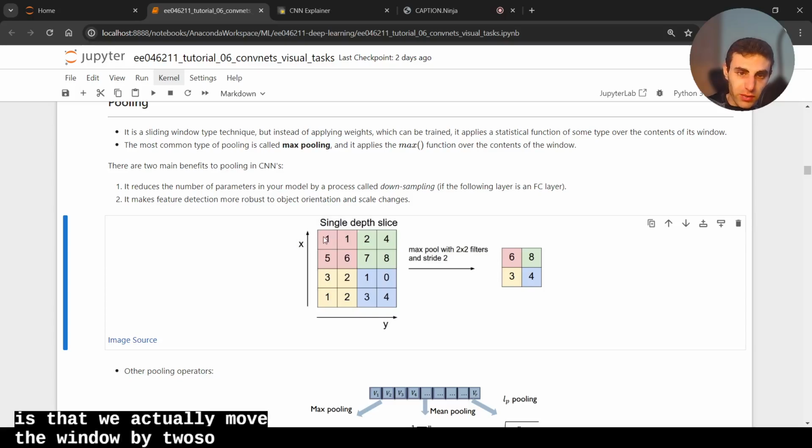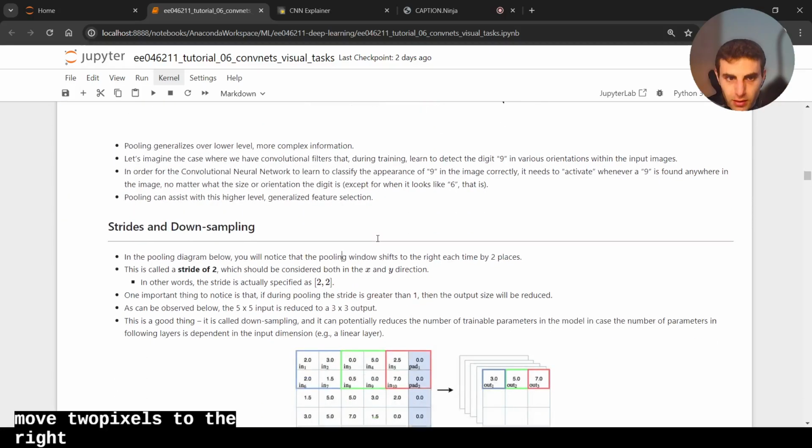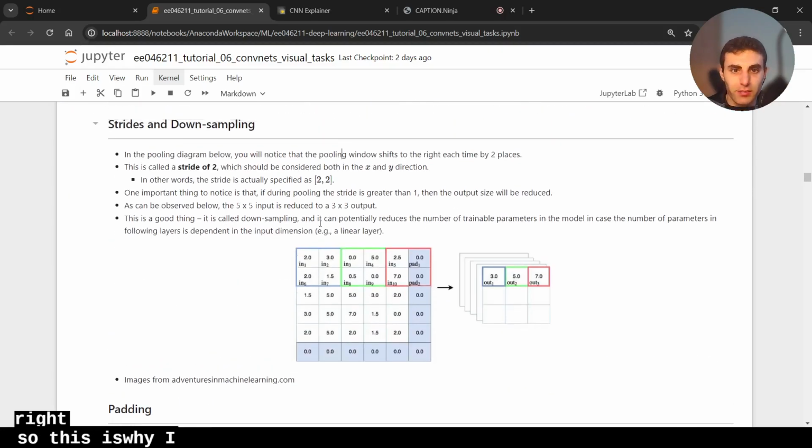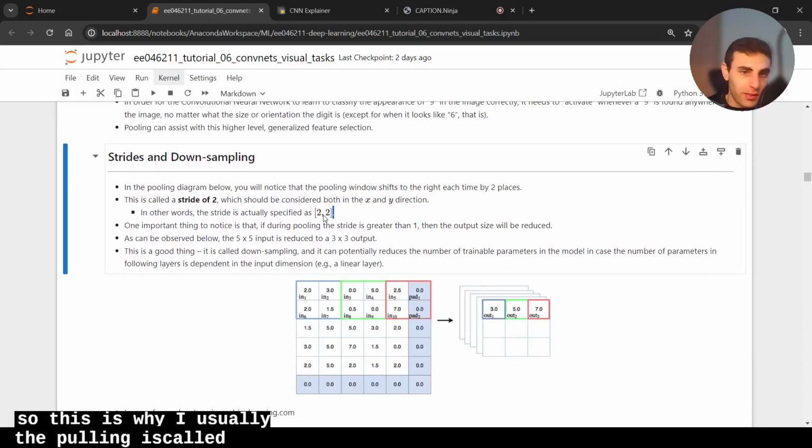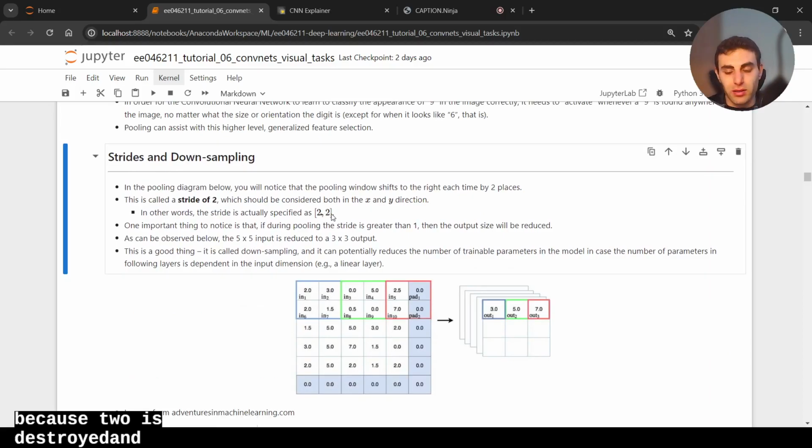The window first was the red one, and then the green one. The stride was 2 and not 1. We did not move 1 pixel to the right, we moved 2 pixels to the right. This is why max pooling is usually called 2 by 2: 2 is the stride and 2 is also the size of the window.